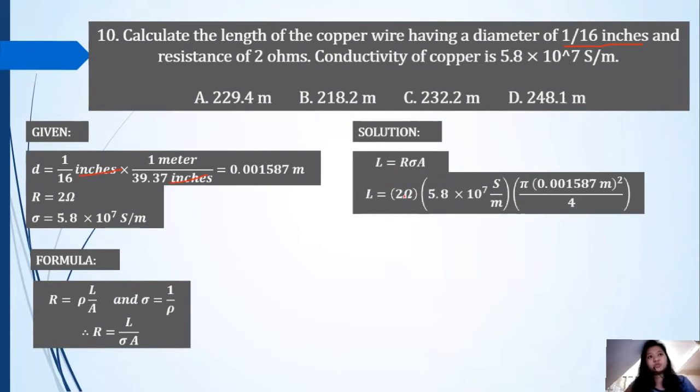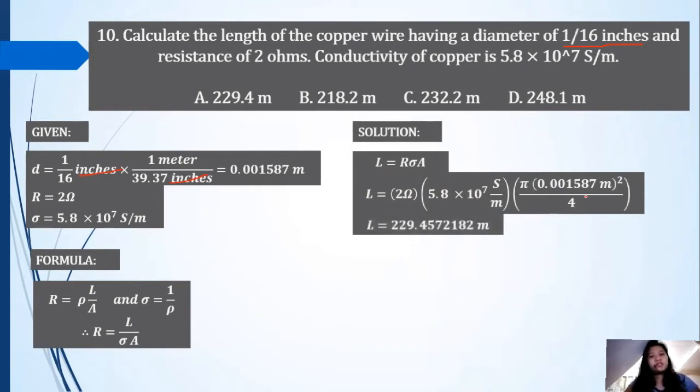Our resistance is 2 ohms. Our conductivity is 5.8 times 10 to the power of 7 Siemens over meter. And the area is pi times d squared, where d is our diameter, 0.001587 meters, squared, and then divided by 4. That is for the area.